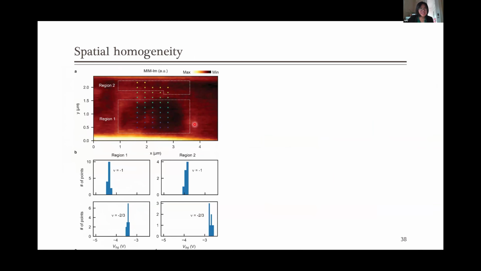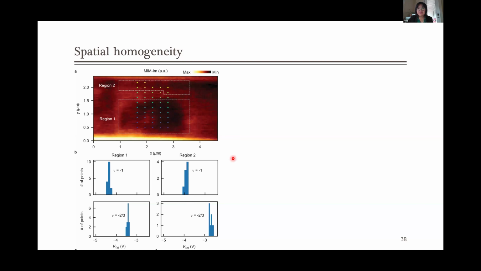Well, of course, this type of samples have spatial inhomogeneities. So that's an inevitable issue for any of those twisted or 2D samples. So then we investigated how much disorder we had in the material. And it was not significant. It was only on the order of like 5% or something.